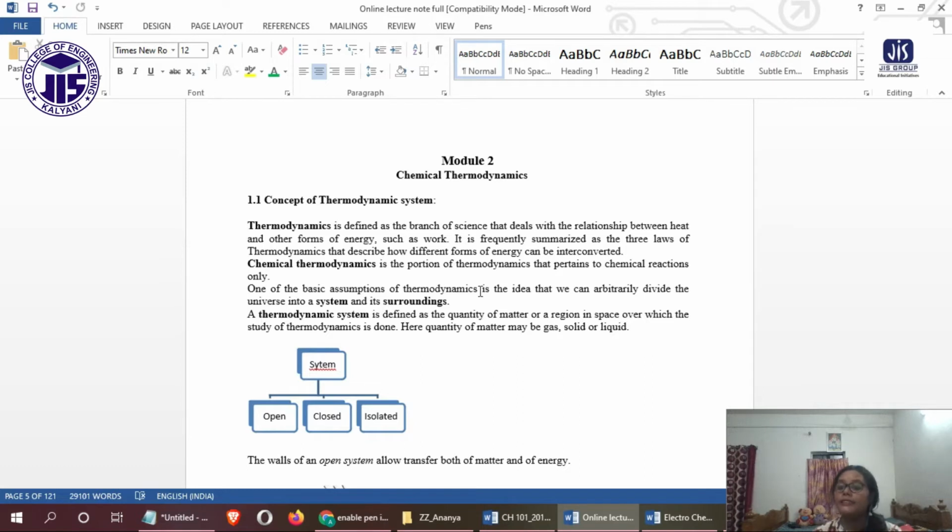We have discussed the concept of thermodynamic systems. What do we mean by thermodynamics, and what is the importance of this branch? There are generally 3 types of thermodynamic systems: open system, closed system, and isolated system.